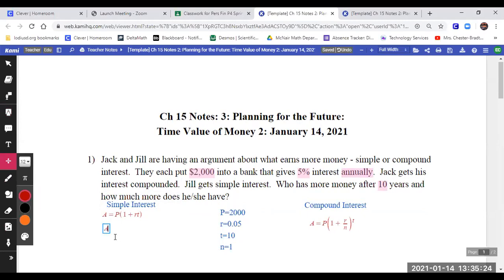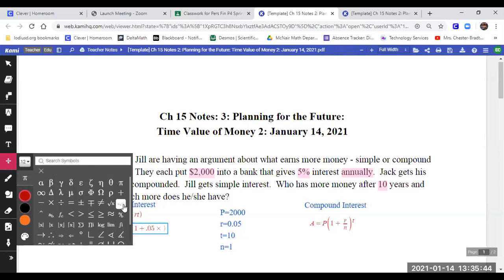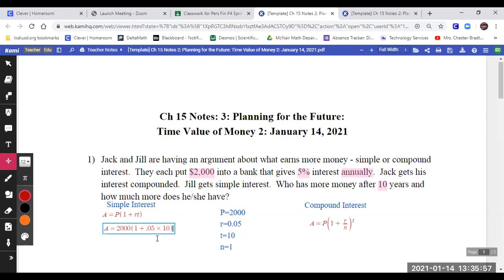My accumulated is equal to 2,000 times 1 plus 0.05 times, and times is my little symbol right here, 10. Let me see if it lets us do it. Enter. Nope, I've got to put in a new equation box.